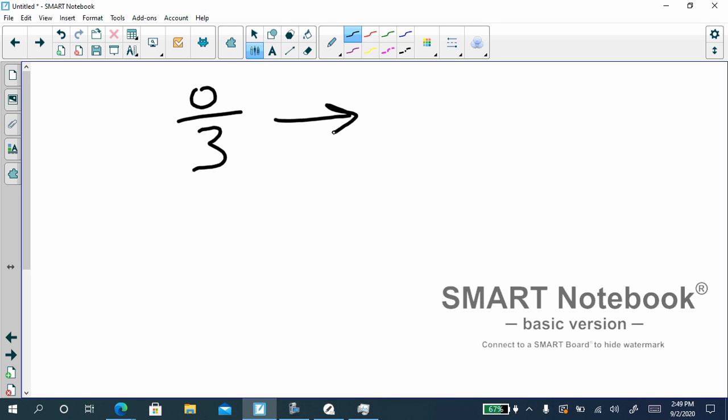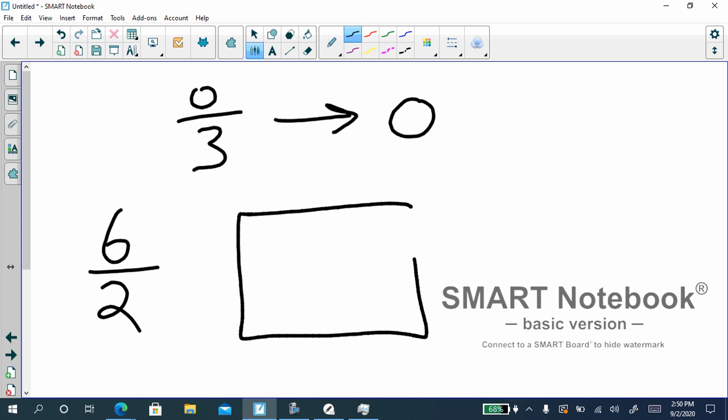0 divided by a number is 0. So let's think about what that means. Let's take an example of something that's not 0 and think about what dividing represents.